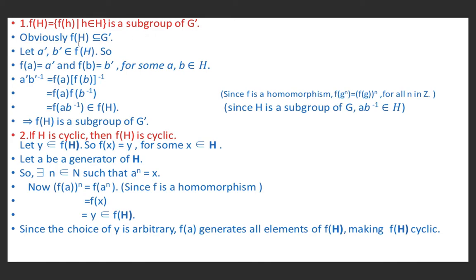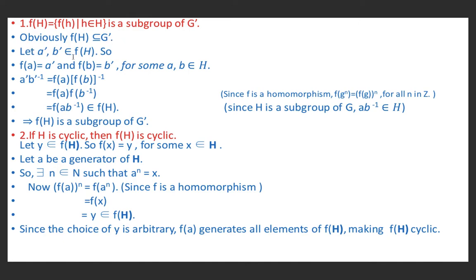Obviously here f(H) is a subset of G', because H is a subgroup of G and f is a homomorphism from G to G'. So f(H) is a subset of G'.